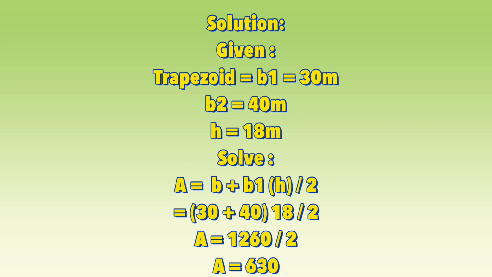So we substitute: base 1 is 30 plus base 2 is 40 times 18, which is the height, divided by 2. So 30 plus 40, 70 times 18 equals 1260 divided by 2. So the area now is 630 square meters.